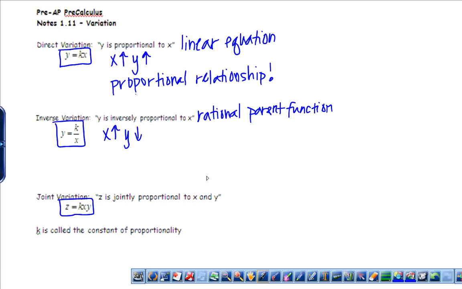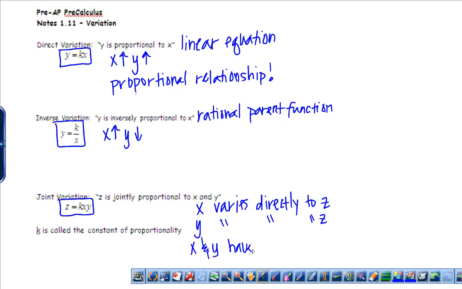So what I would say here is that x varies directly to z, and I would also say that y varies directly to z. But x and y together have an inverse variation.